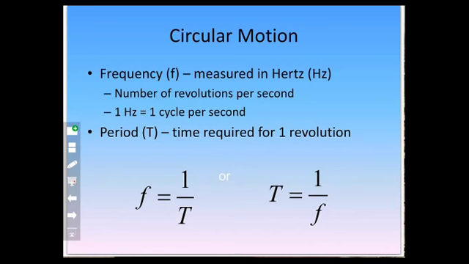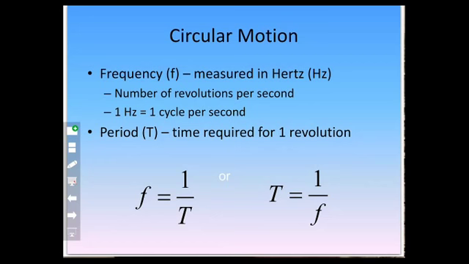Now, a couple terms that we need to be familiar with when we're talking about circular motion. The first is frequency. The frequency is how many times the object gets around that circular path per second, or per unit time. And our frequency is measured in hertz. We're going to see this term hertz come up again when we're talking about frequency related to waves, especially things like radio waves and microwaves.